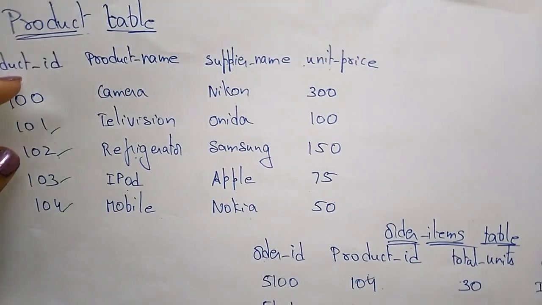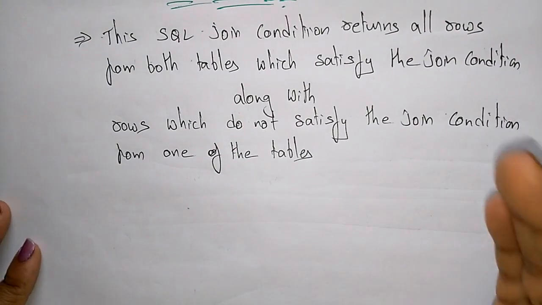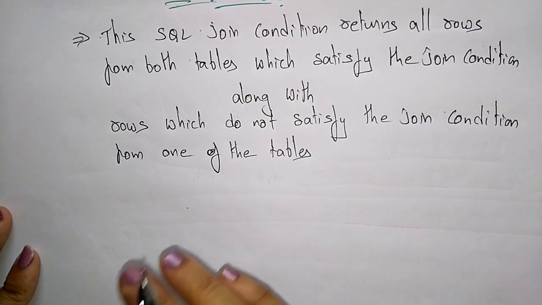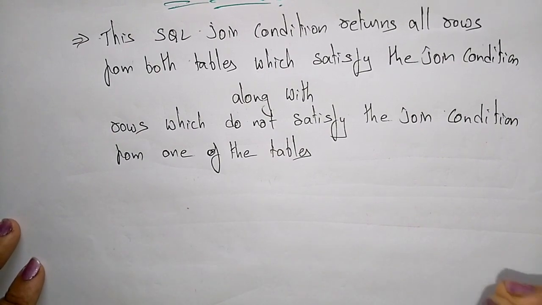So the outer join will be indicated with the plus sign. That sign is placed before or after the equal symbol of the equi-join.